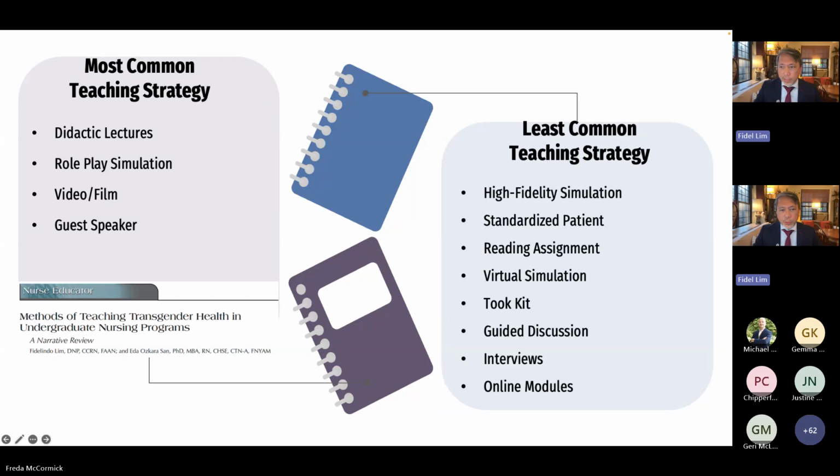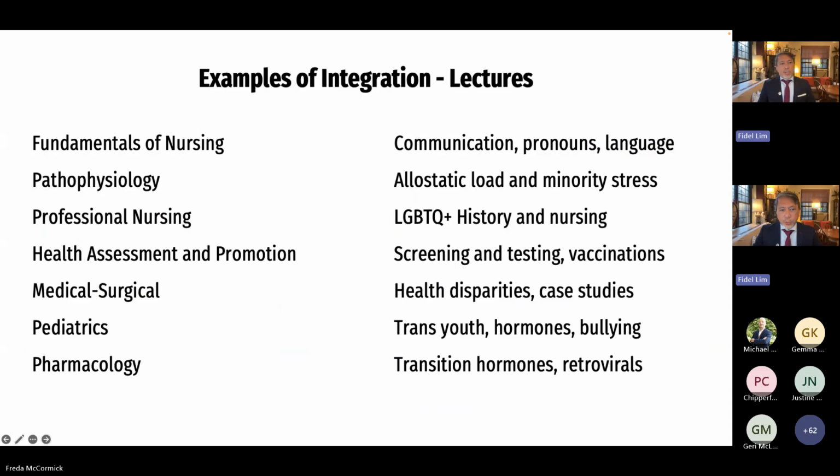So on the next slide, we will see some of the examples on where we could connect LGBTQ health related topics. So in fundamentals of nursing here, we can talk about pronouns, inclusive language.